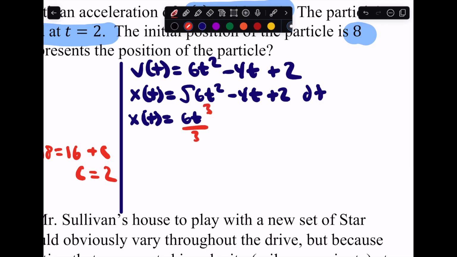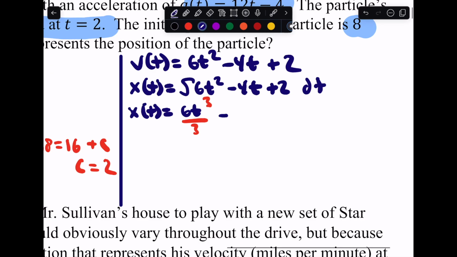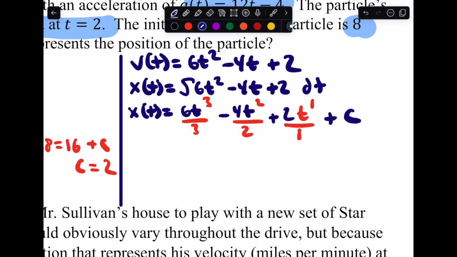We divide by that new exponent, which is 3 there. We then have our minus 4t, and again, if we increase that exponent by 1, that's going to become a squared, and then we divide by that new exponent. And then we've got our plus 2t to the 1 over 1. And again, we're going to need a constant because we found that antiderivative.